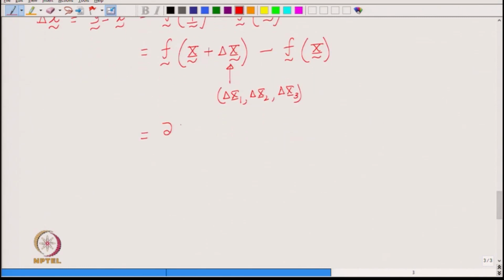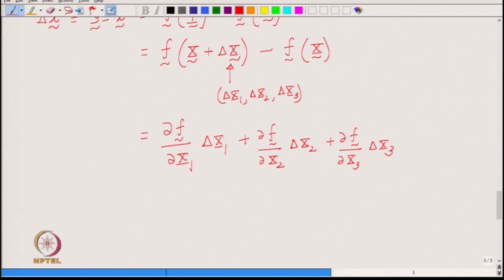We can now write it as del f by del big X 1 into delta x 1 plus del f by del big X 2 into delta x 2 plus del f by del big X 3 into delta x 3, and we also have to have the first term here, that is the f itself at big X plus the derivative term.